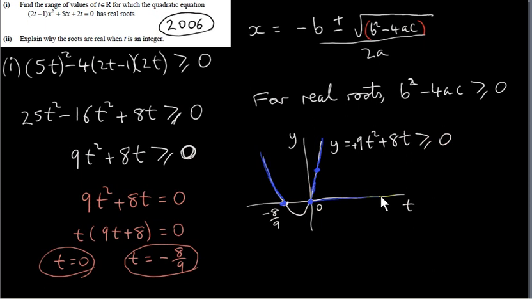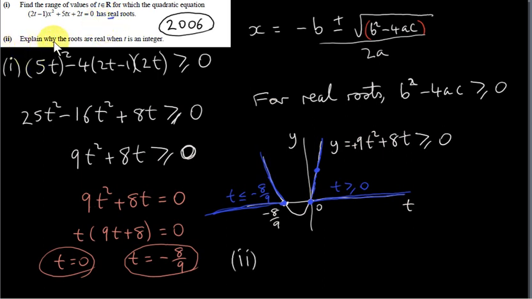So the t values that correspond to that region are t greater than or equal to 0 and t less than or equal to minus 8/9. So this section here and this section here gives the solution of our quadratic inequality. These values of t will give us a quadratic equation which has real roots.